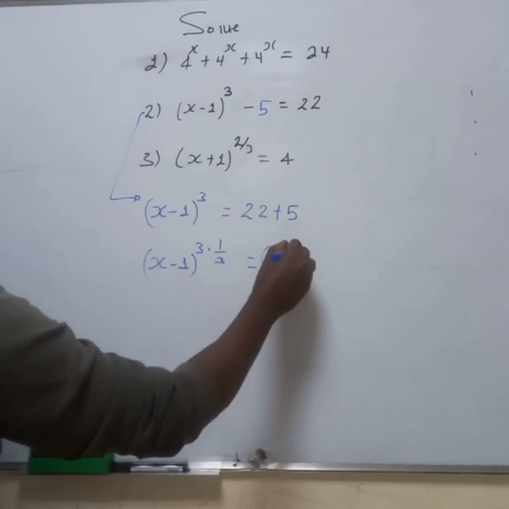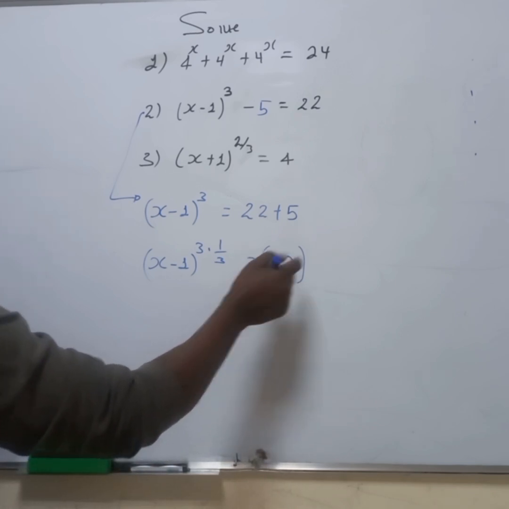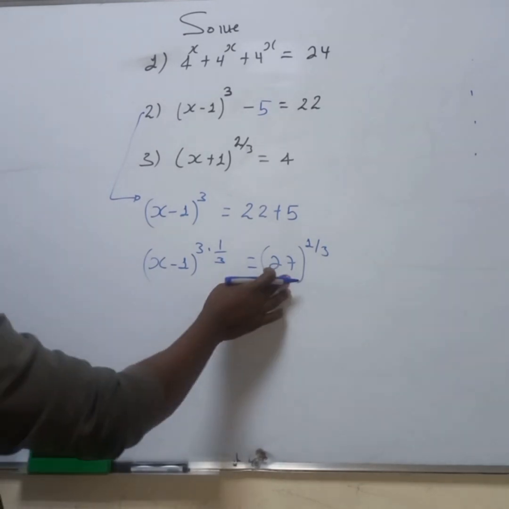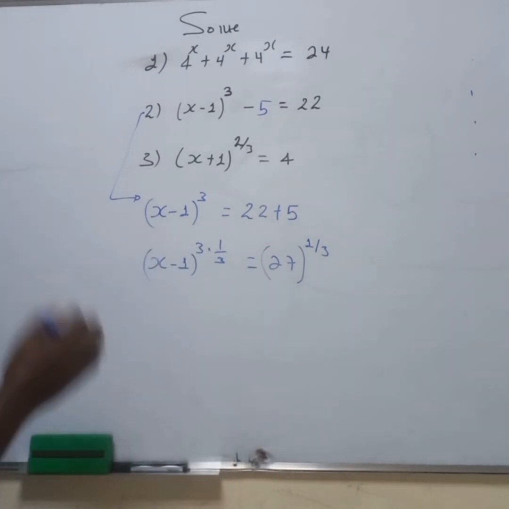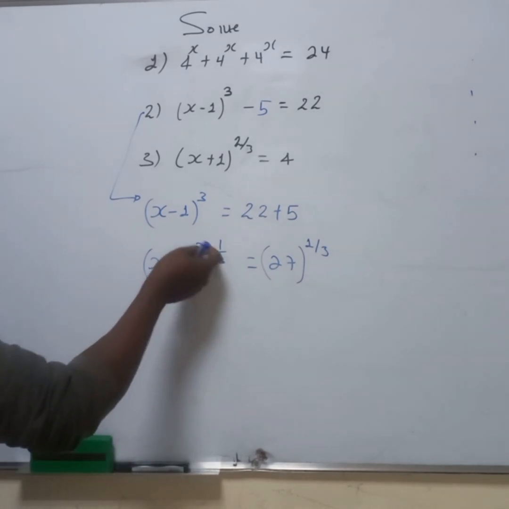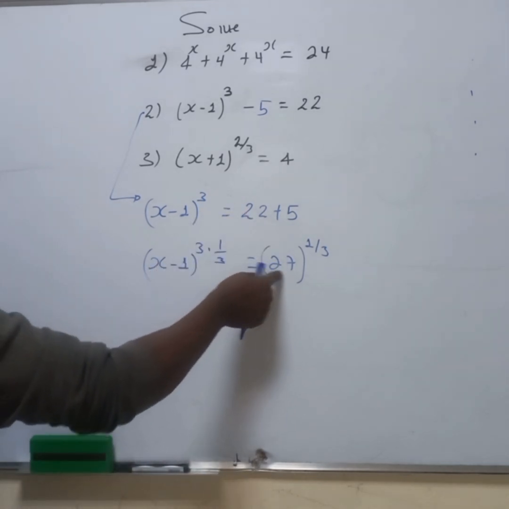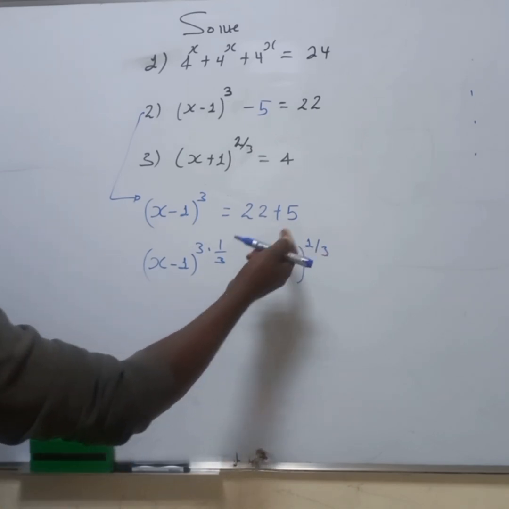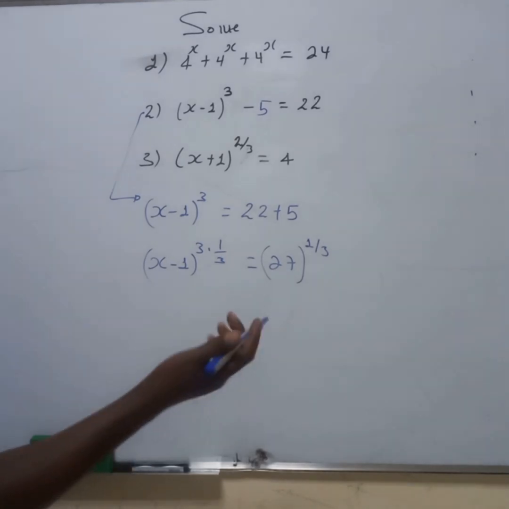And then again, I have to multiply the power of 27, which is 1, by 1 over 3, because I have multiplied the power of this one by 1 over 3. So 1 times 1 over 3 is already 1 over 3.